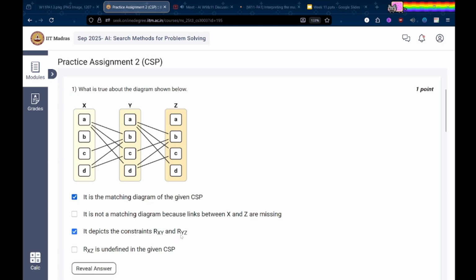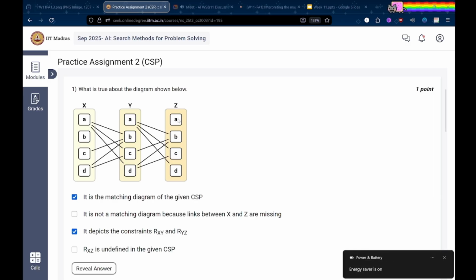It does, I think, because these edges show the constraints between x and y, that x and y are related in such a manner, and xz is undefined in the given CSP.